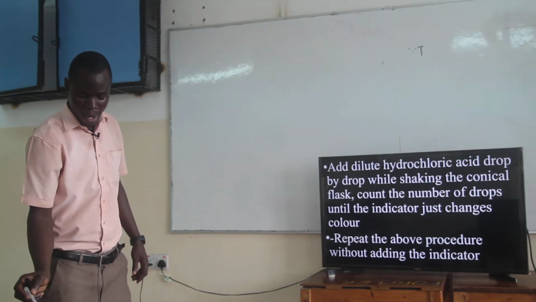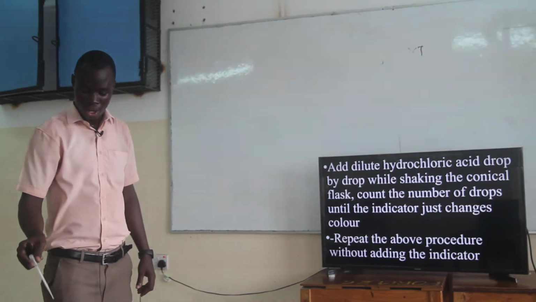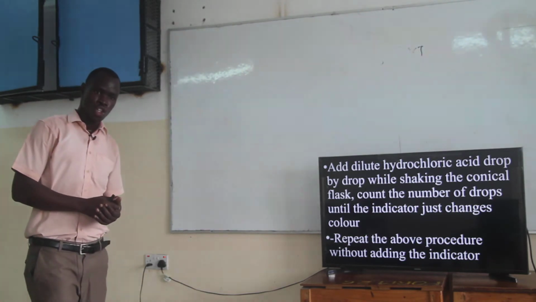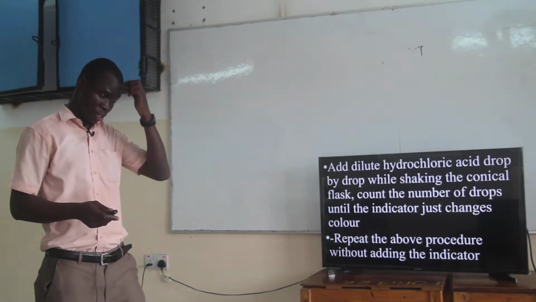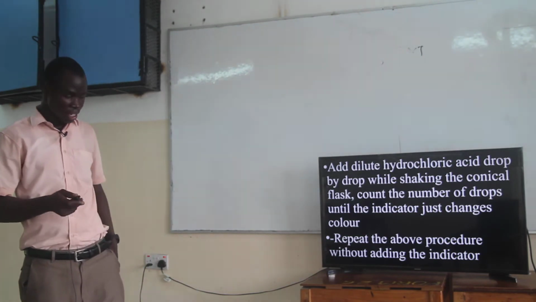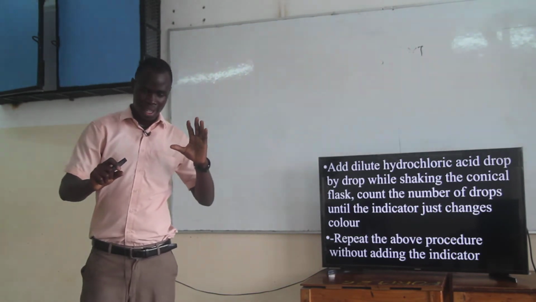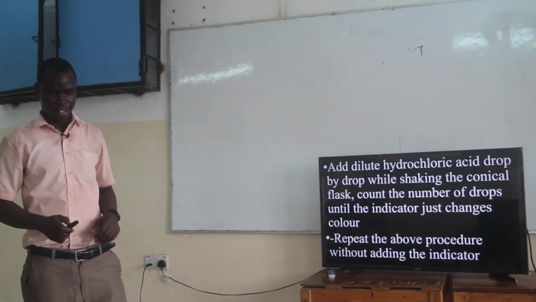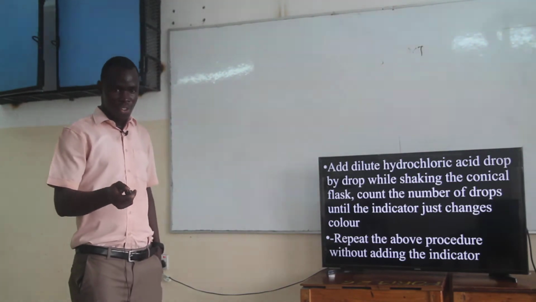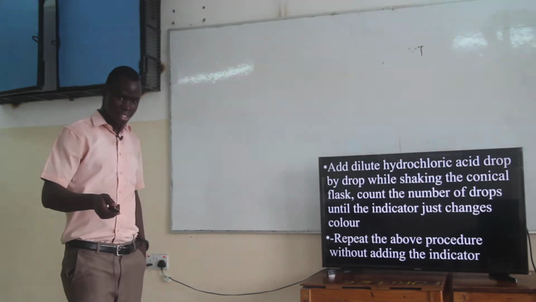You add drop by drop using a dropper, or you can also use what we call a burette to do that. Actually, the best way to do it is using a burette, a conical flask and a stand. Count the number of drops until the indicator just changes color.